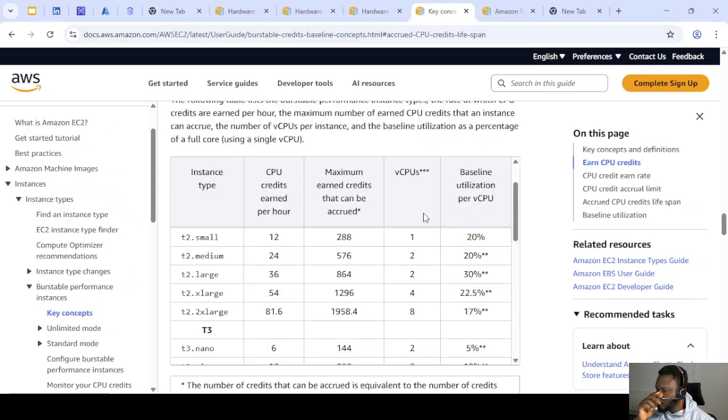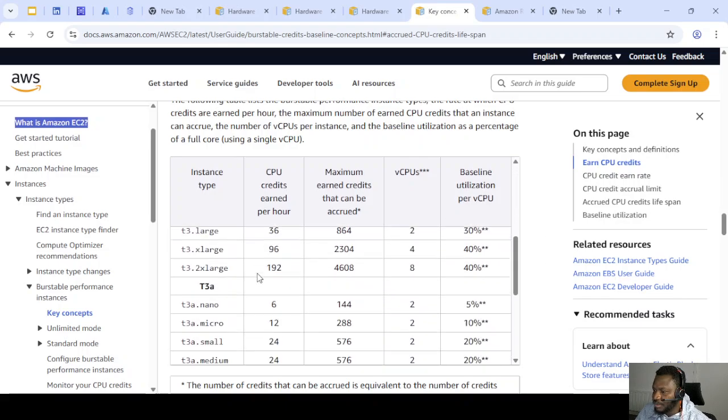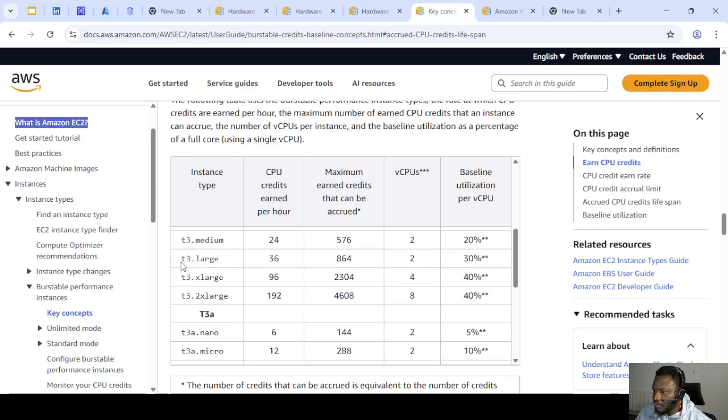I've gone to the EC2 documentation to actually get the baseline. Guys, you can always get this baseline in the EC2 documentation, okay? So for DB T3 medium, the baseline utilization of CPU is 20%.